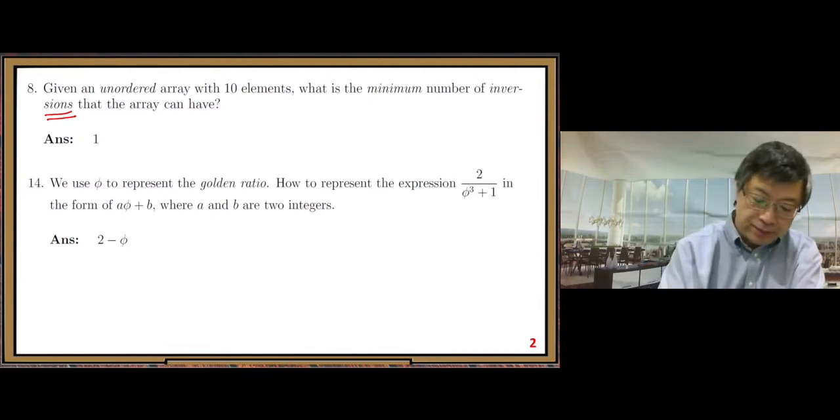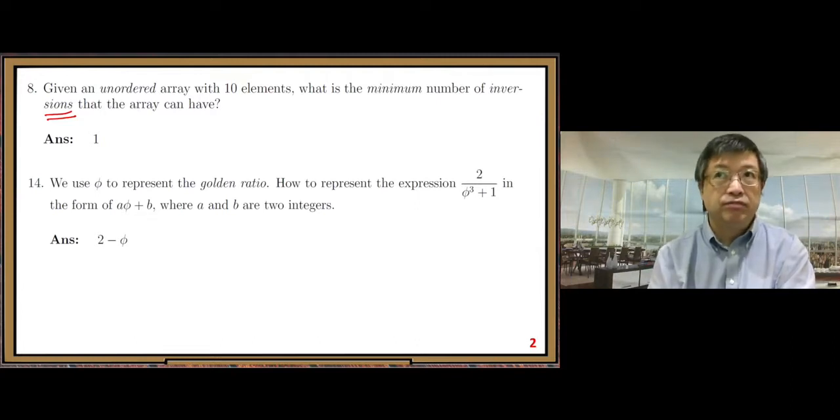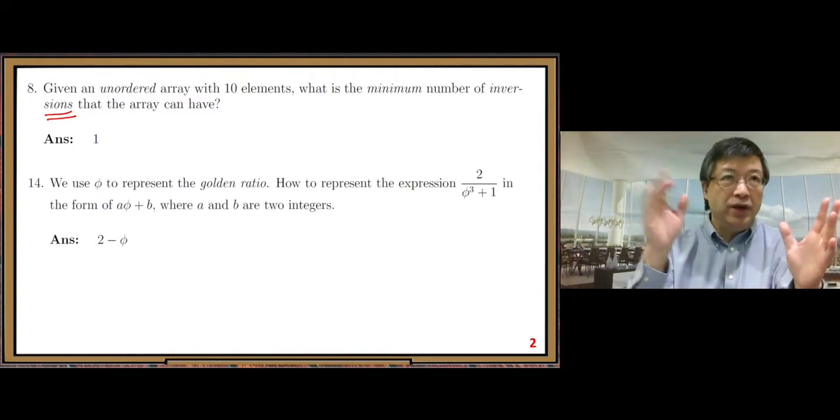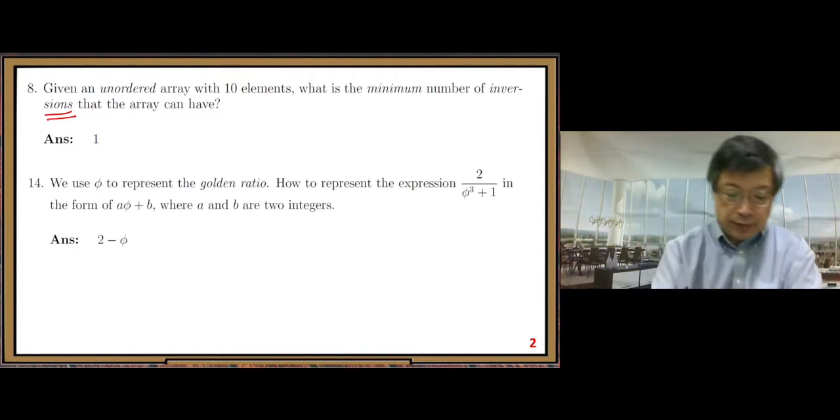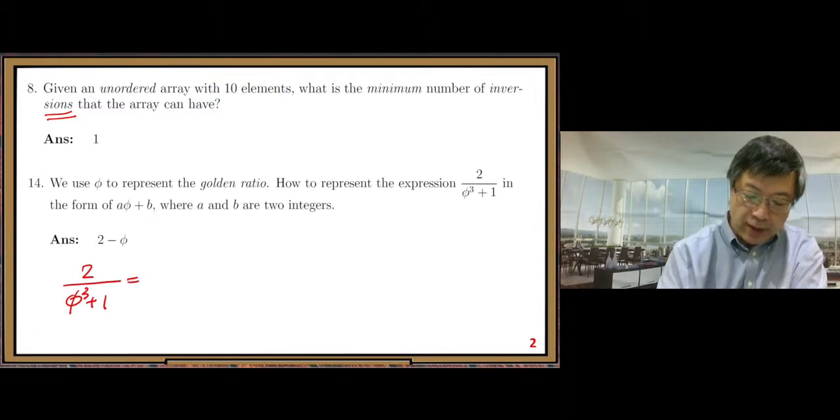Usually for a question like this, the solution could be several different ways. Whatever the way it is, just find the correct solution.